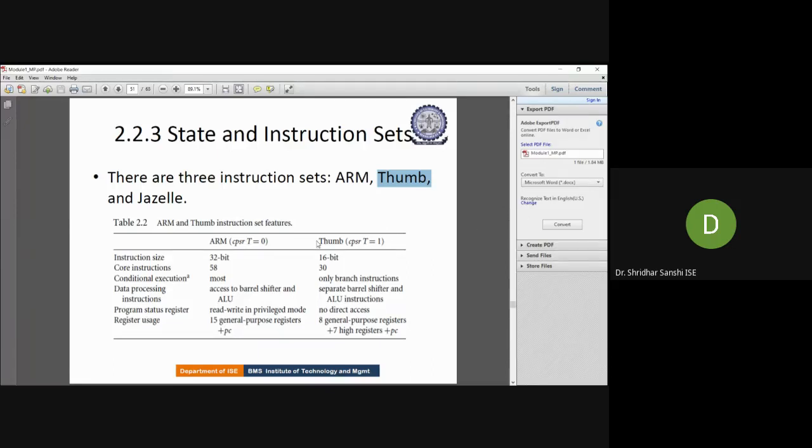Another type of instruction is Jazelle instructions. This is a recently developed technology. These instructions are 8-bit long, and they are introduced to execute Java bytecodes.